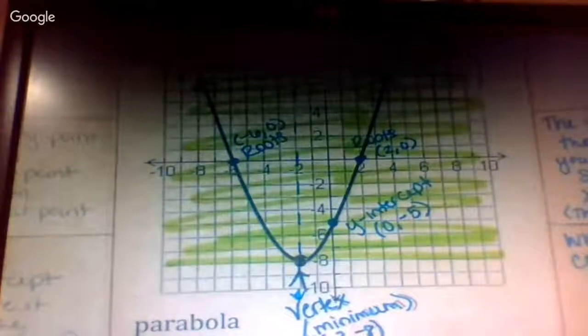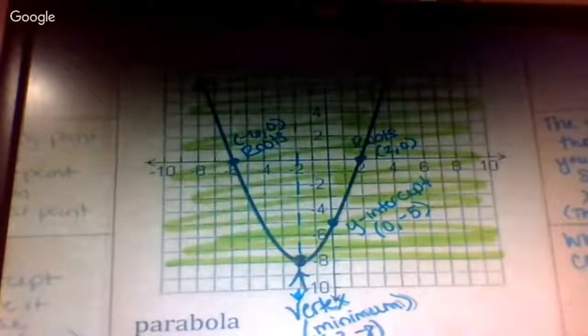Look at how your graph's moving. Your graph's going up and to the left, and this side's going up and to the right. Am I ever going to stop going to the left or to the right? No. So all of your x values will work for your domain. This is with every quadratic.